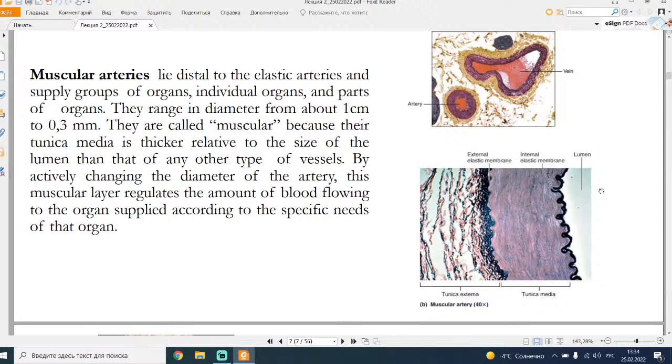What you see is the wall of a muscular artery. This is the lumen, this is tunica interna, tunica media, tunica externa. Tunica media has many smooth muscle cells. This is a muscular artery, for example the axillary artery and subclavian artery.